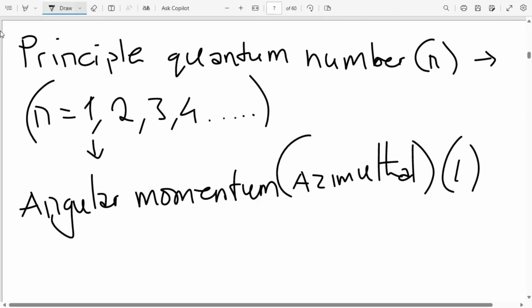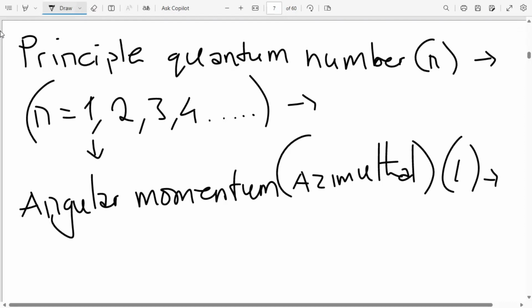What does it do? It tells us the specific shape of the orbital, and it also defines the subshell in a given energy level. So we've moved on from the energy level, and we're now talking about the specific shape of the orbital and the definition of the subshell within a given energy level.